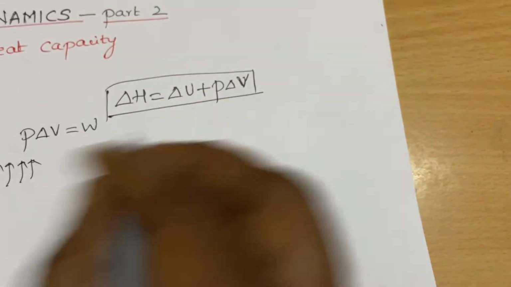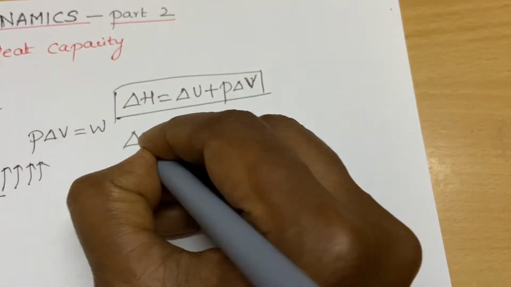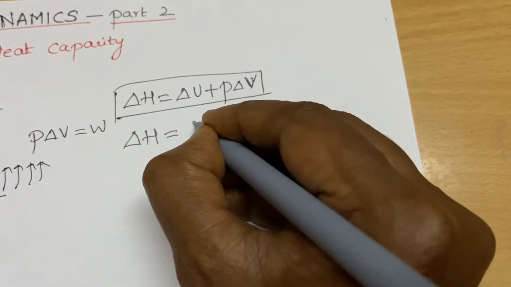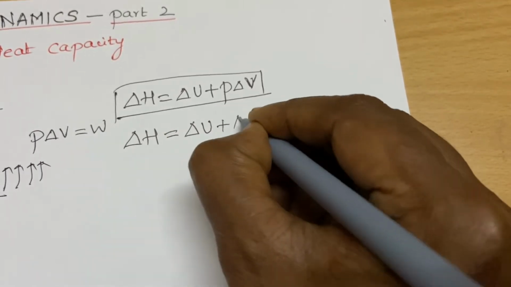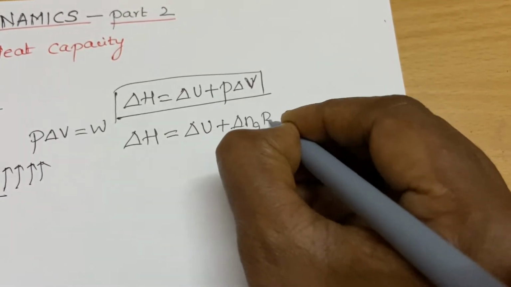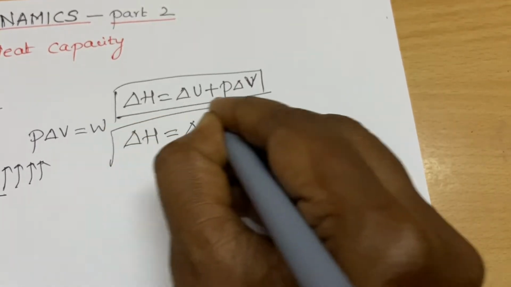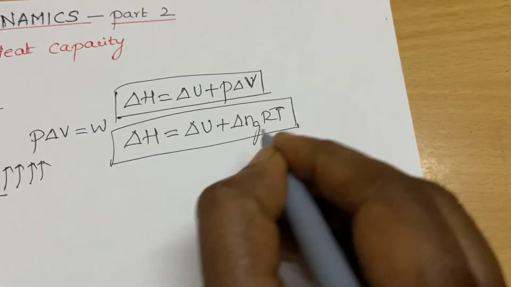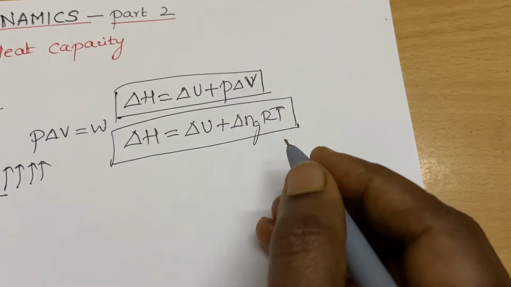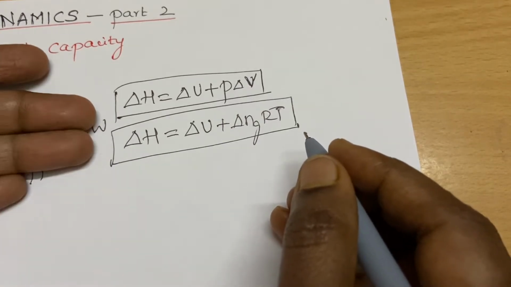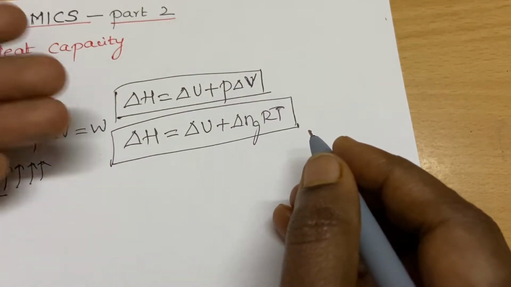From your ideal gas equation, we can write this as del H is equal to del U plus del Ng RT. This is a very important equation, students. Often questions will be asked based on this, and they can be easily solved.